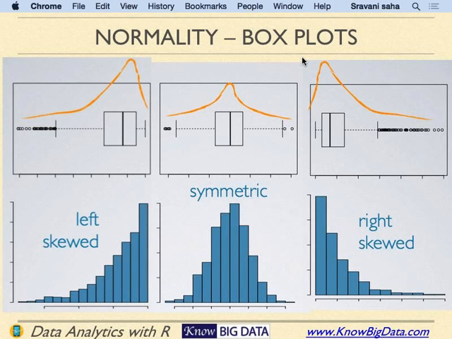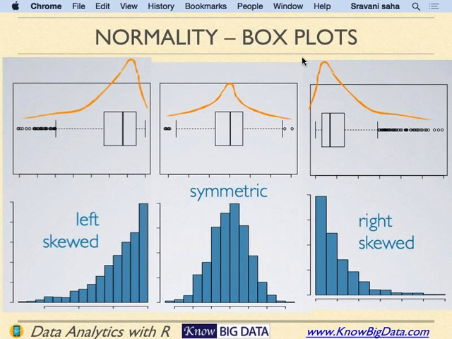So the box will look like this. The middle line is the median. The left border is the point where 25% ended, and the right border is the point where 75% ended. So the middle 50% is what the box represents. In the box plot, that's how we represent the data.